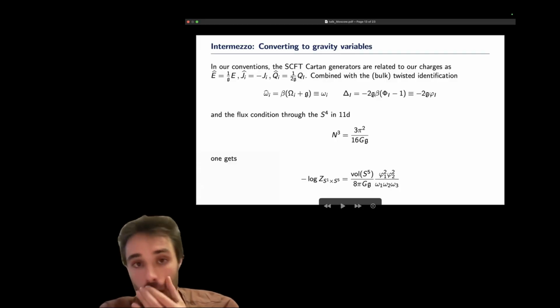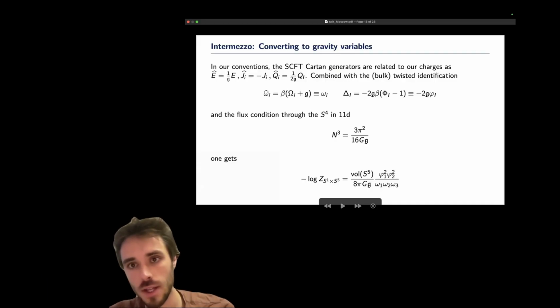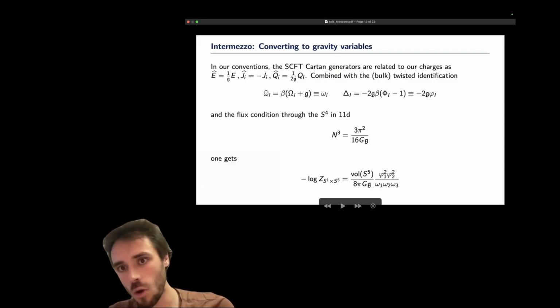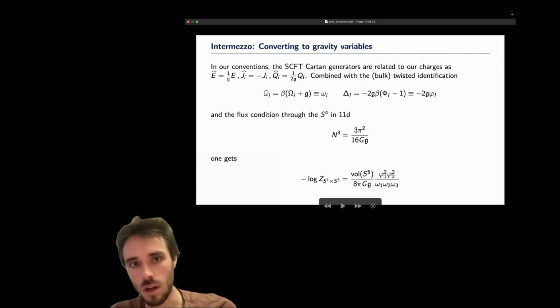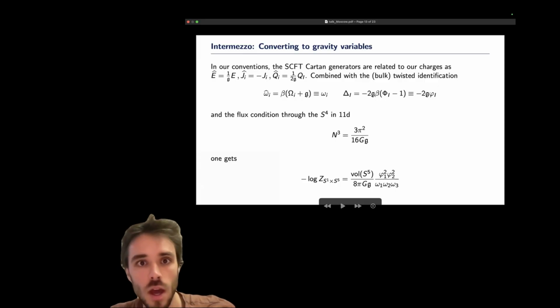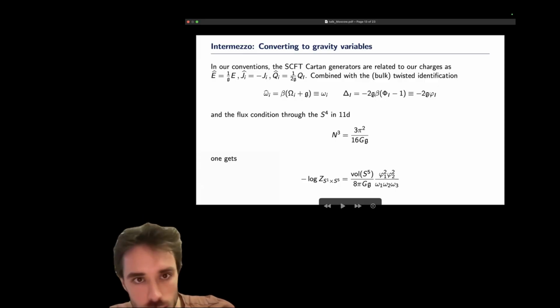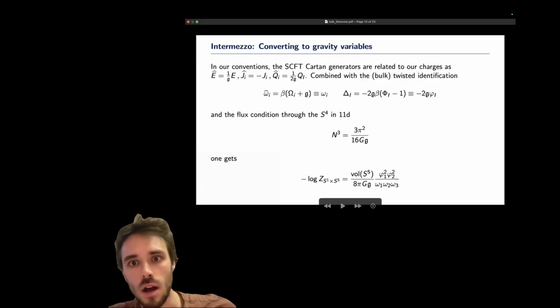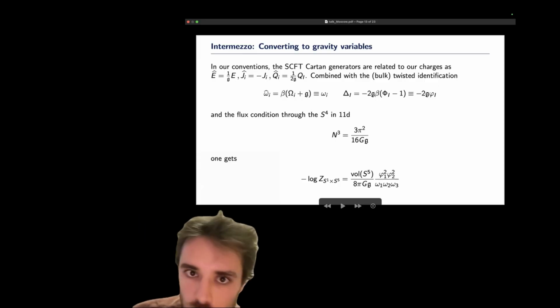Now, I combine this with the twisted identifications that I get from the bulk, because it's a black hole, it's regular, it has some twisted identifications, and I look at how the fields behave when I go to infinity, and I identify the currents and how my gauge fields behave at infinity.